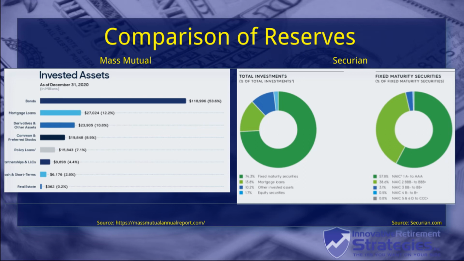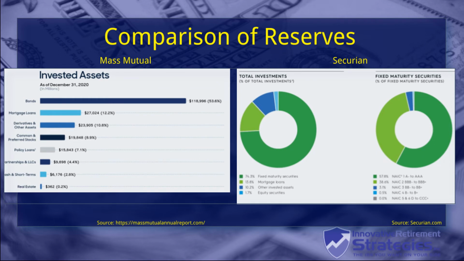But it's also important to note that differences between dividend rates between companies can also be explained by subtle shifts in the underlying risk of their holdings, as this graph illustrates. So these data are from the annual reports of two different companies, MassMutual and Securian.